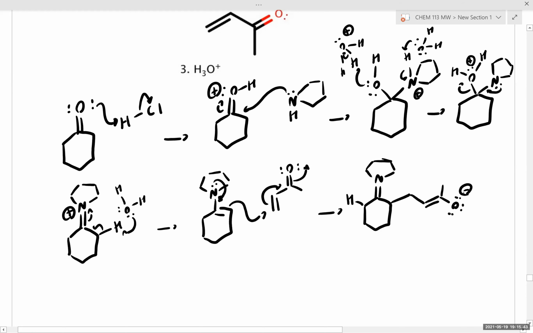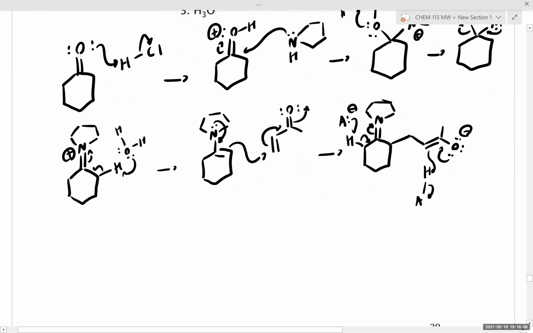From here, we can protonate our enolate. And this protonation step and proton transfer step will likely occur in an intermolecular fashion rather than intramolecular.